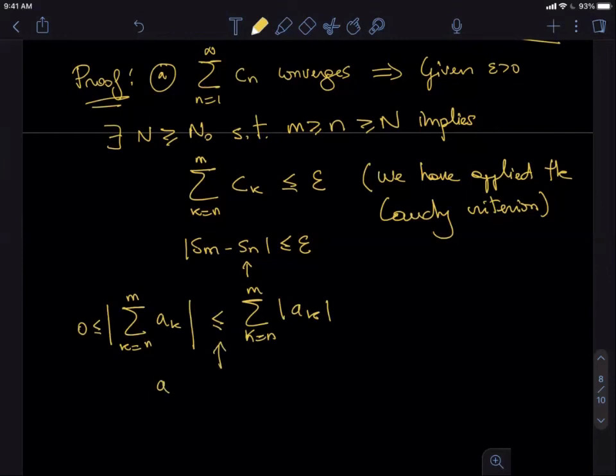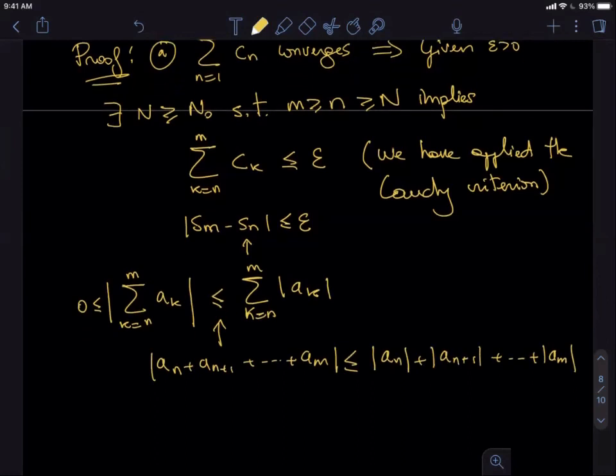This means an plus 1 all the way to am, right? This we did in one of the exercises, just by induction.